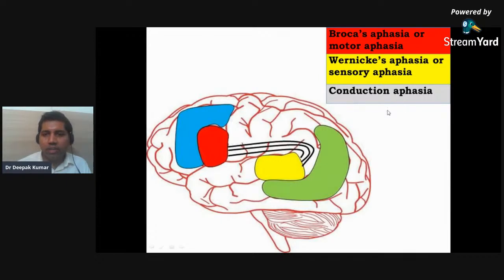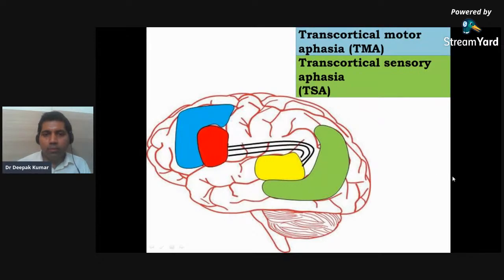Next, conduction aphasia. It's in black, so you see the black fiber-like thing that is communicating Broca's area and the Vernix area. That is what conducts the information from Vernix area to Broca's. When that is damaged, you get conduction aphasia. Now this blue little thing in front of the red area, again in the frontal lobe, if damaged, is called transcortical motor aphasia.